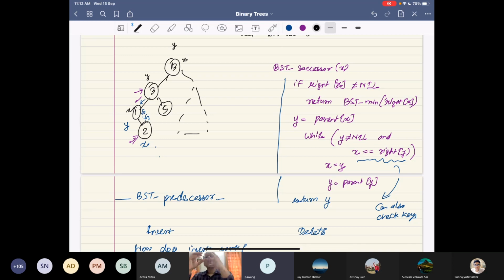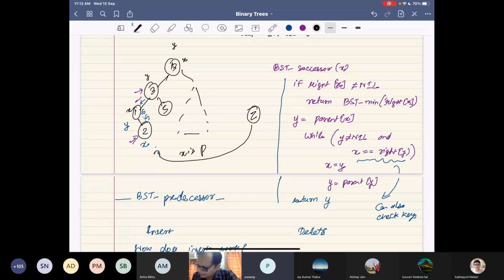What do I know here? x is the node that I have to find the successor of. Let that value be some z. Then I know x is the predecessor of z.